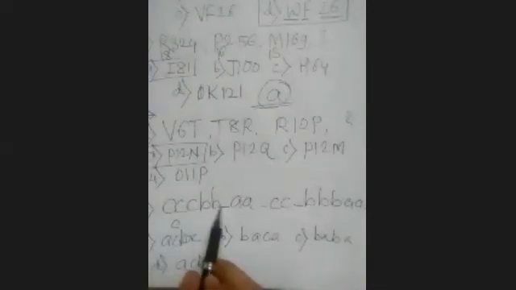CCC, BBB, therefore 1B, then AAA, therefore A, CCC, therefore C, BBB, right, completed, AAA, therefore A, right, again next will be started as CC, therefore your option B is the answer. Fine.